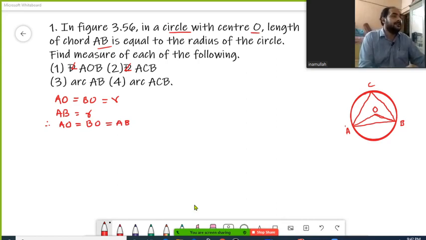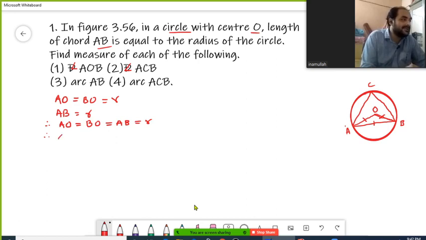If these three are equal, since each is equal to the radius, so this is AO, this is BO, this is AB. So the length of all three sides of triangle AOB is equal.